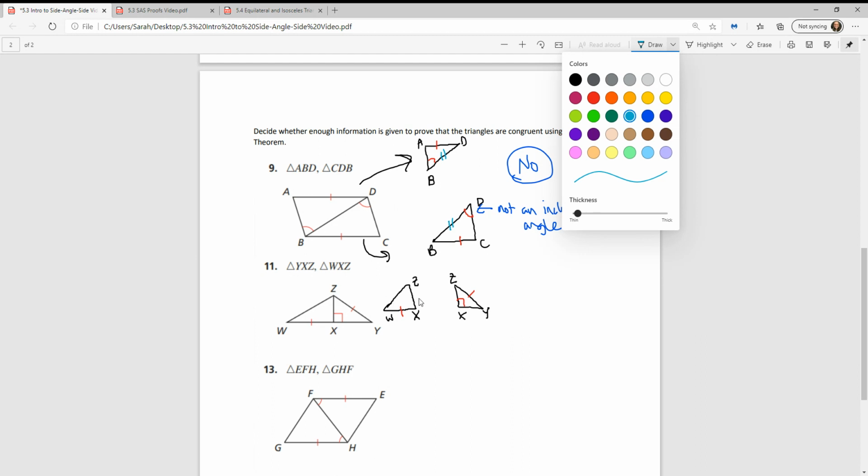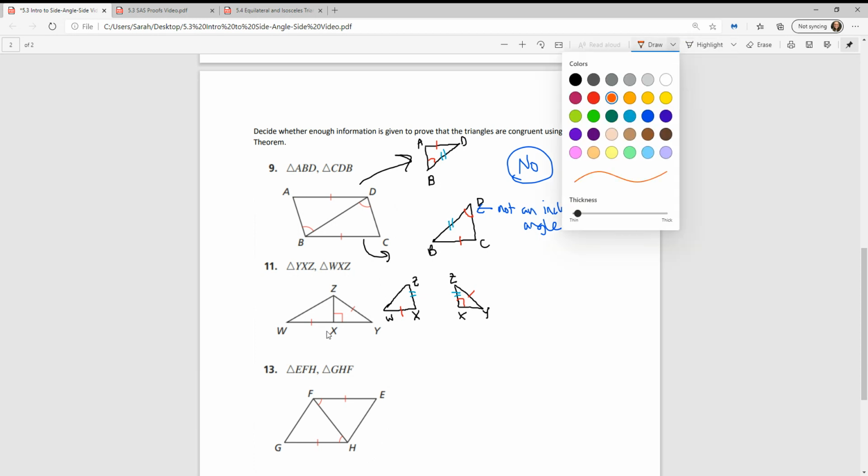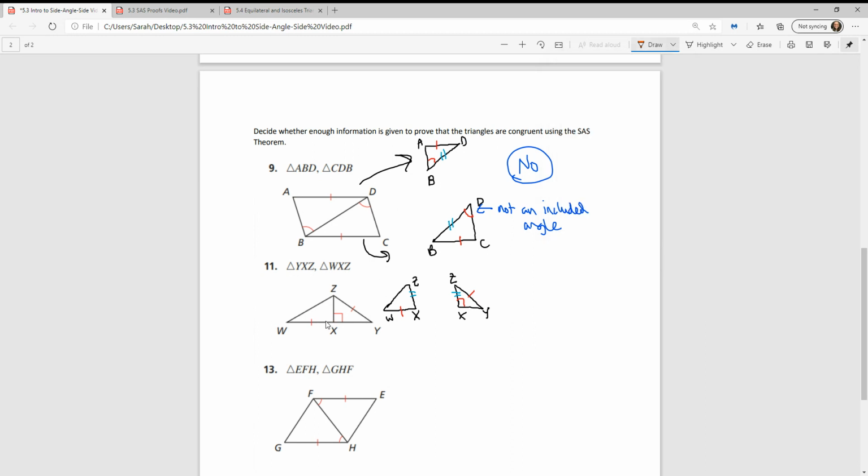Because ZX or XZ is part of both triangles, that's going to be congruent because the same side is congruent to itself. And then let's see what else we can say. We can say that this angle right here, WXZ, is also a right angle because this right angle here and WXZ are a linear pair, and 180 minus 90 equals 90, or 90 plus 90 is 180. These are linear pairs, so they have to be supplementary. Since this one's 90, this one's also 90.